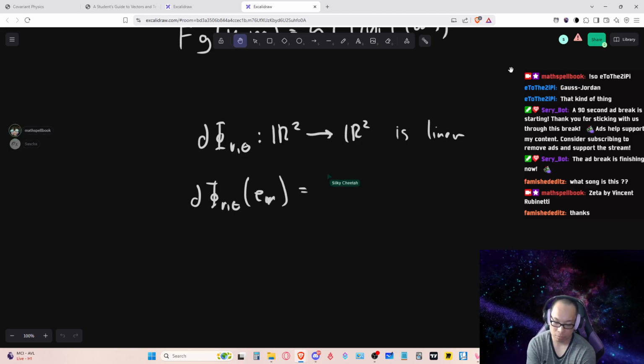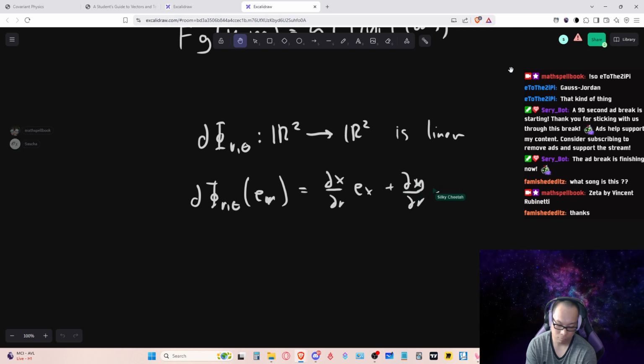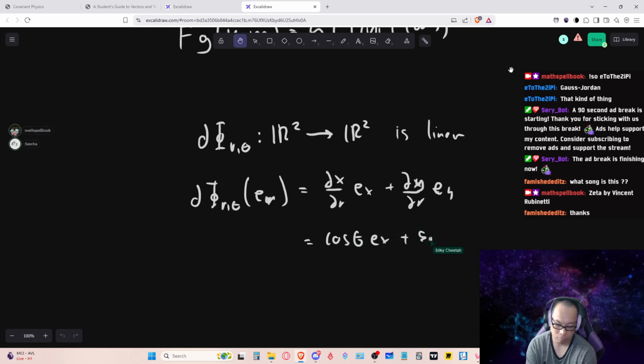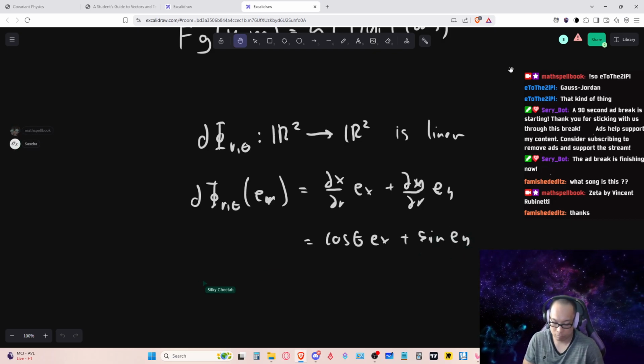So we will get something like dx/dr e_x plus dy/dr e_y. Those are just the first column of the Jacobian matrix that we computed previously. And we already know what those are. Those are cosine theta e_x and sine theta e_y, and we can do the same thing for theta as well.